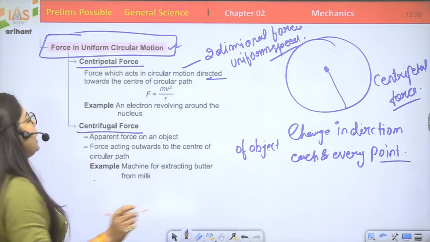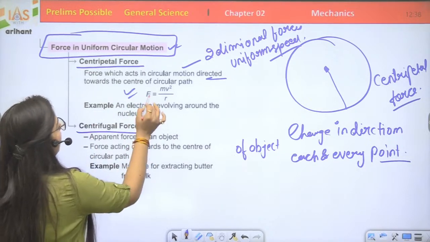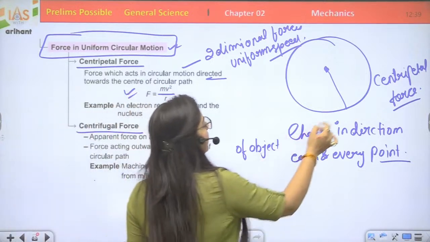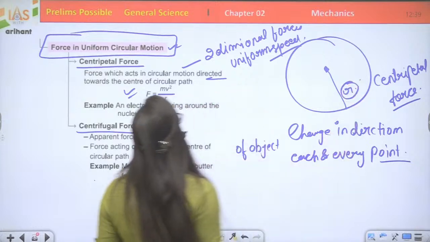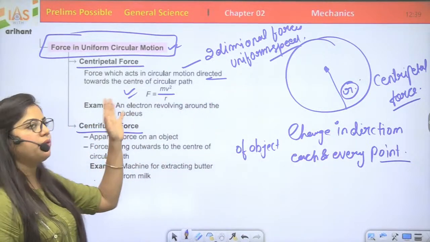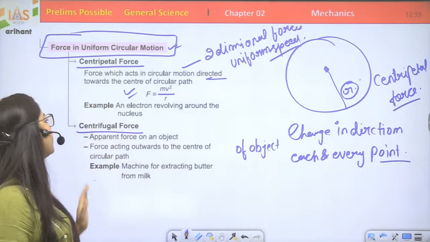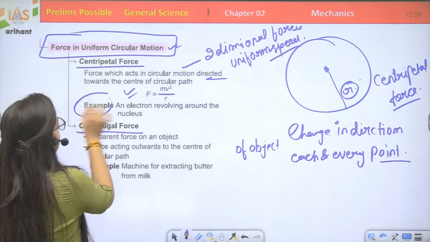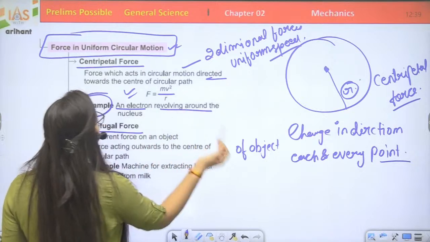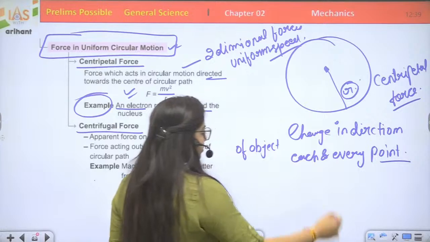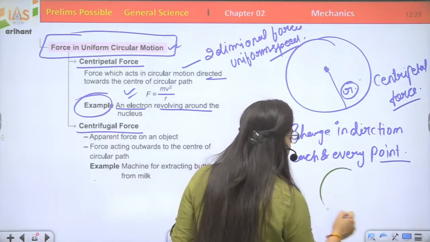So the formula of centripetal force: F is equal to mv square upon r. R stands for radius, m stands for mass, and v is the velocity of the object. Clear? Now, an example: electrons revolving around the nucleus. You know the diagram of an atom.